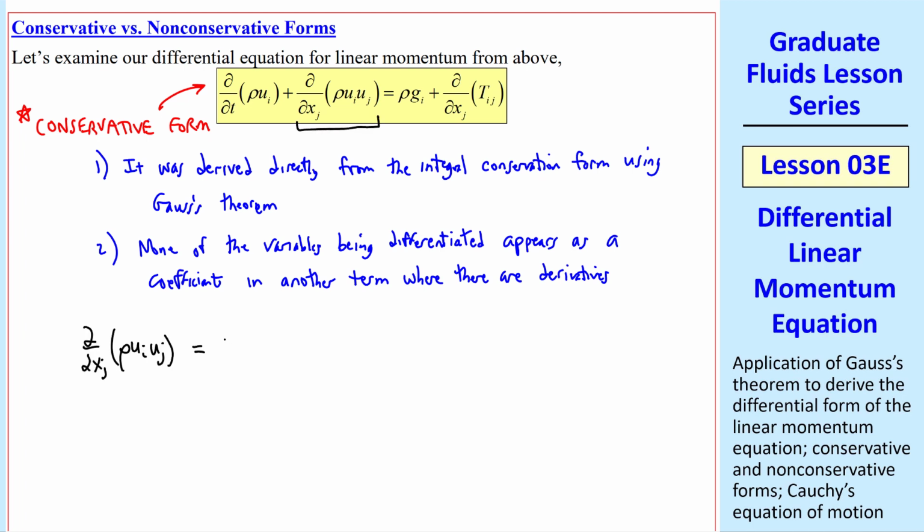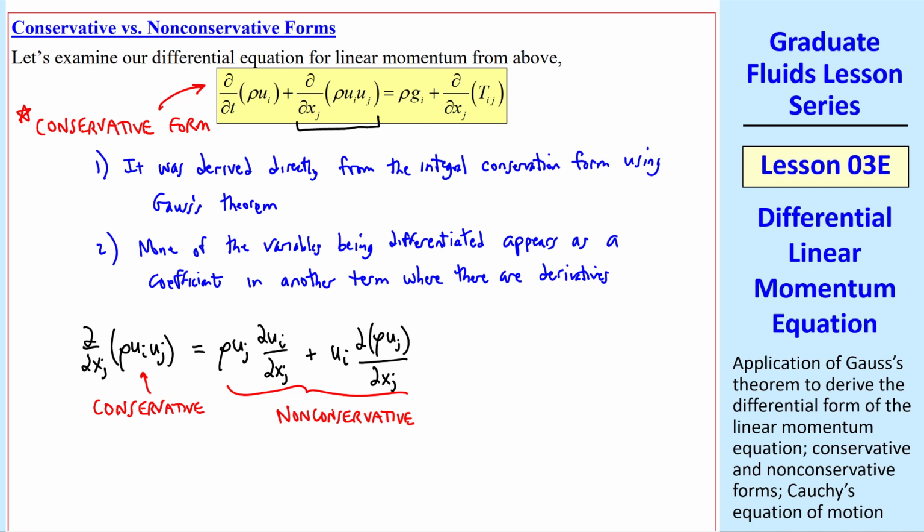Using the product rule, we could write this as rho uj del ui del xj plus ui del rho uj del xj. This form is conservative by our second rule, and these terms are non-conservative. Again, by this rule, velocity is being differentiated here, but it also appears as a coefficient in this term. Likewise, rho is differentiated here and appears as a coefficient here.